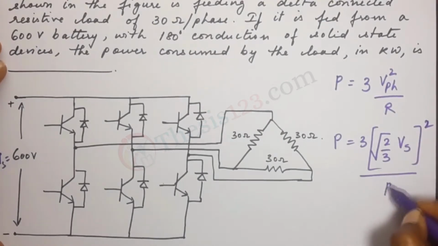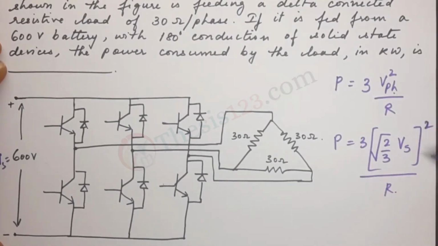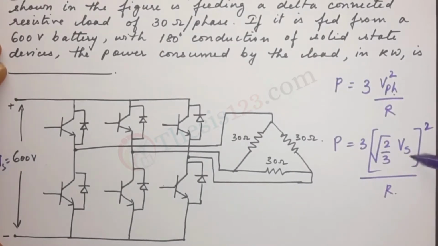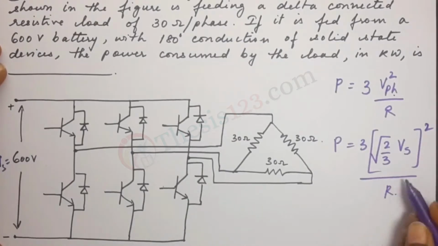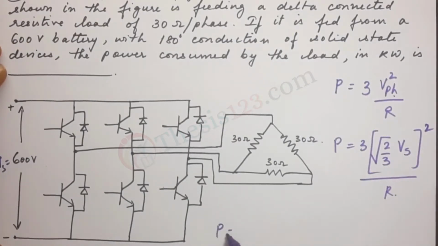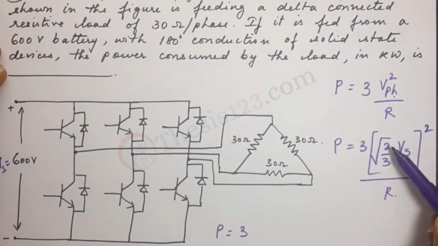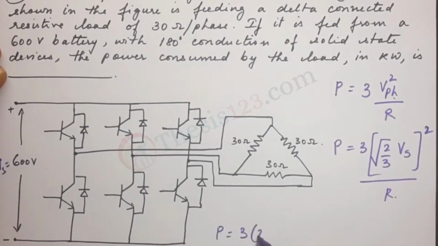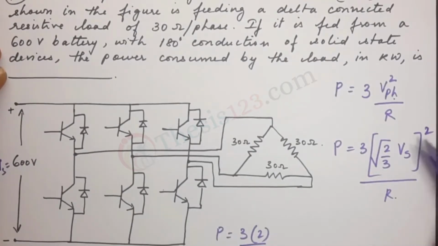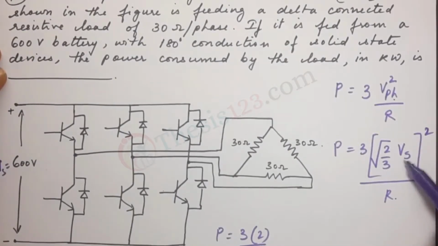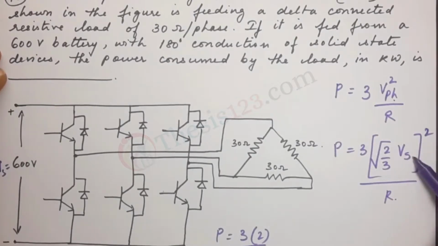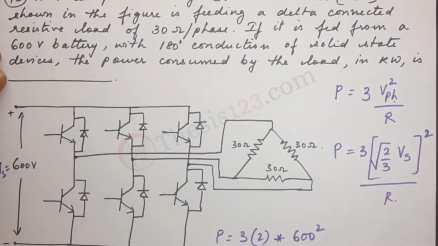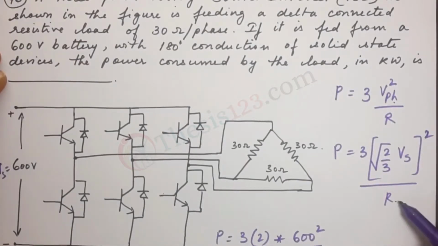Here is another relation. V phase in terms of Vs is root 2 by 3 Vs. Okay, so now if we solve this, 3 times, now root of 2 by 3 is 2 by 3, so that's 2 divided by 3, and Vs square, so Vs square is 600 square, 600 square divided by, now we have R which is 30.